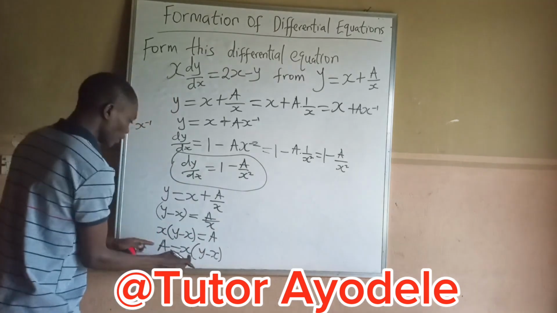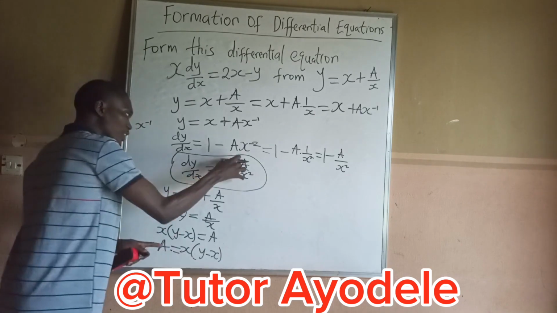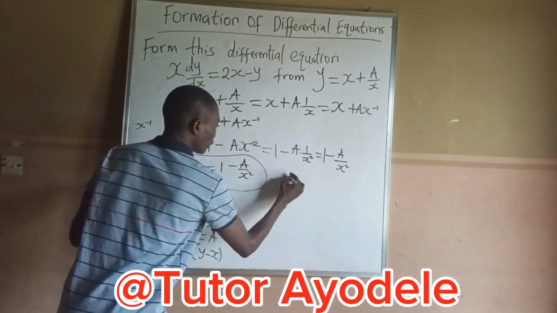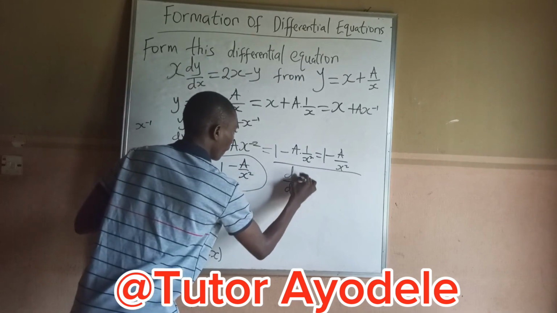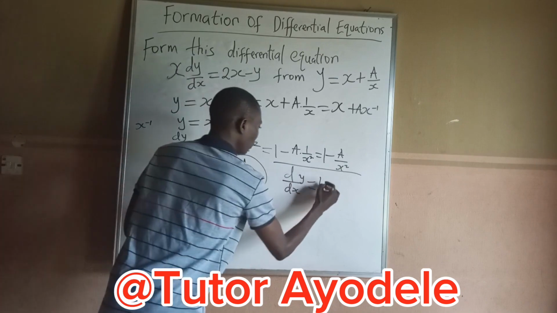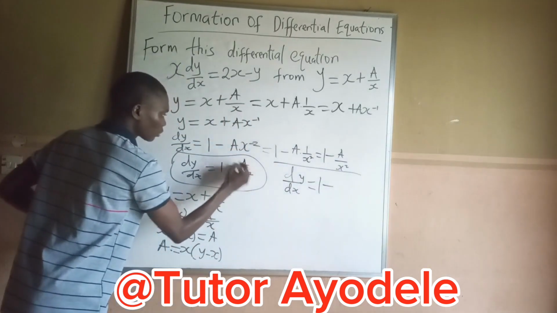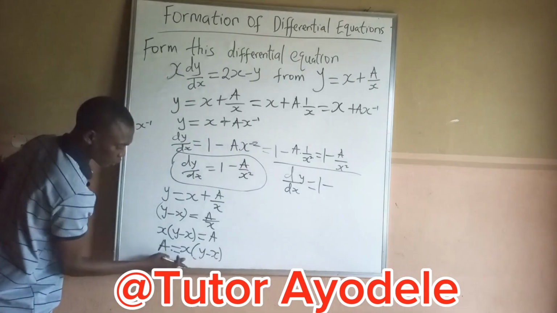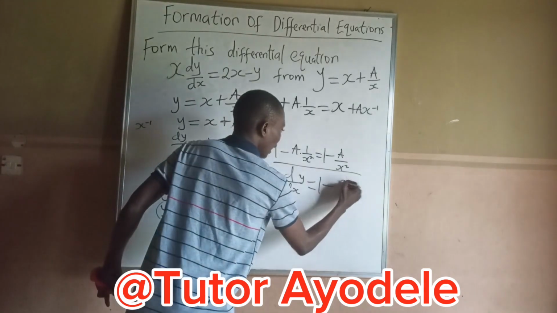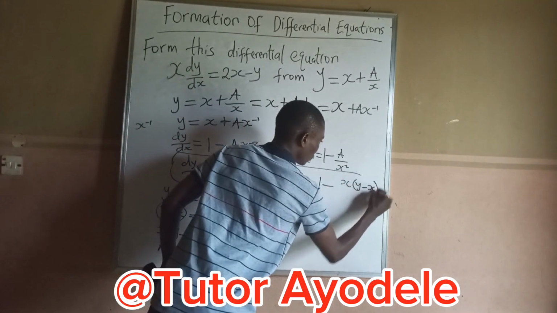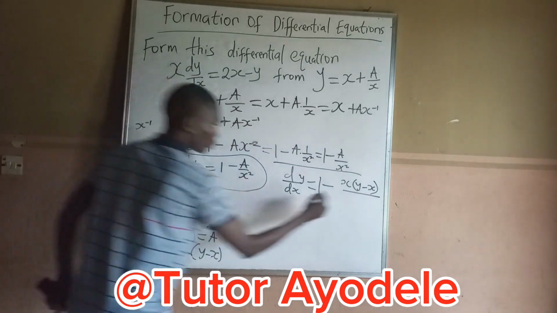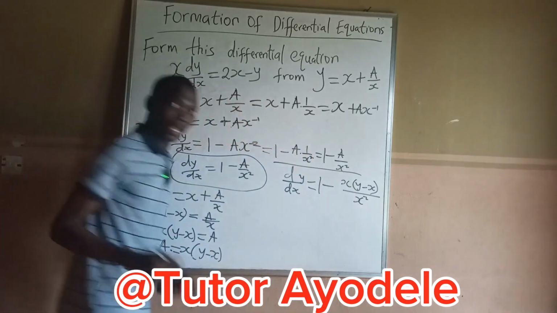So let's substitute the value of a into this equation. From this equation, I have dy/dx equals 1 minus. Instead of writing this a, I will replace it with the value of a here, which is x into brackets y minus x, close the brackets, over x squared.